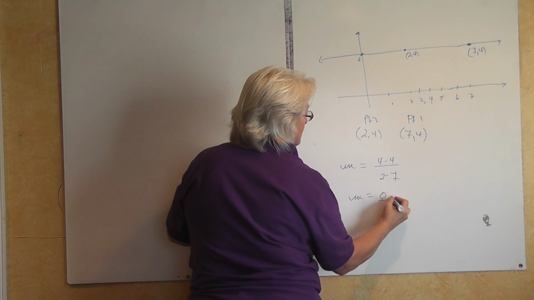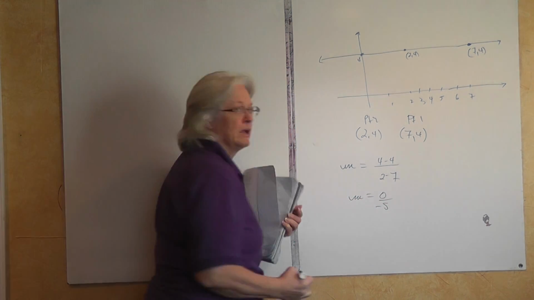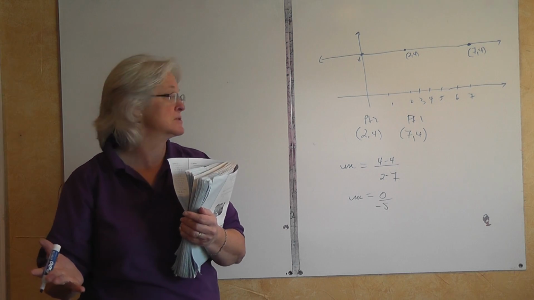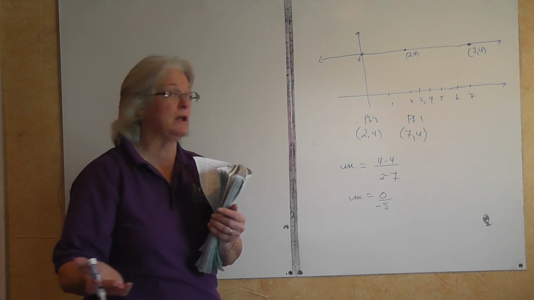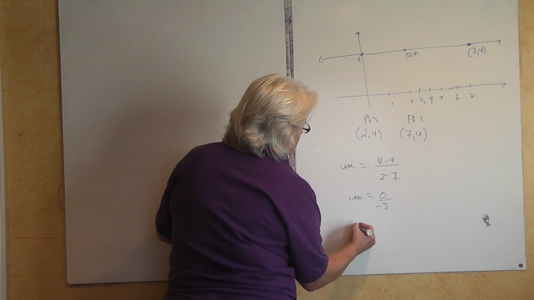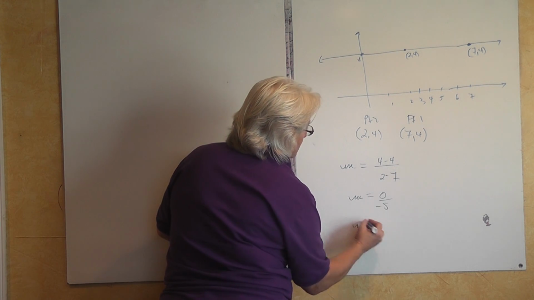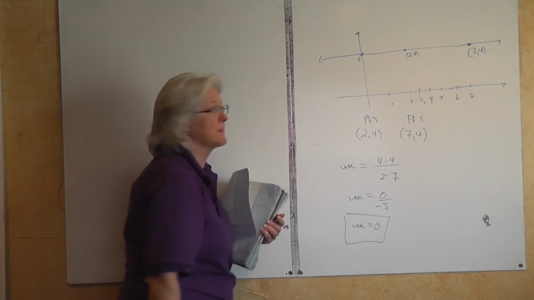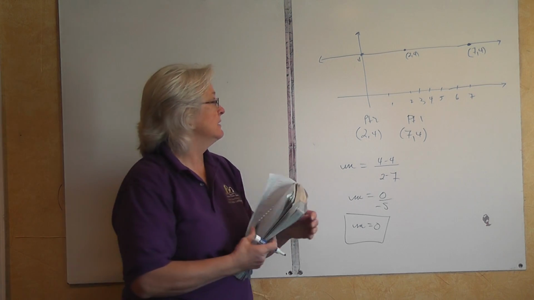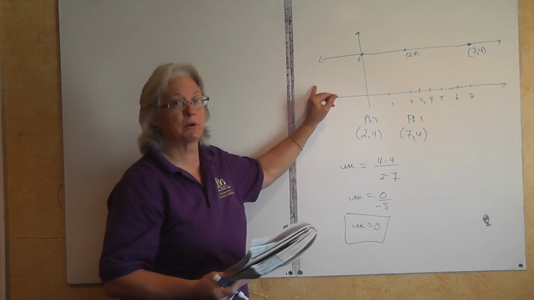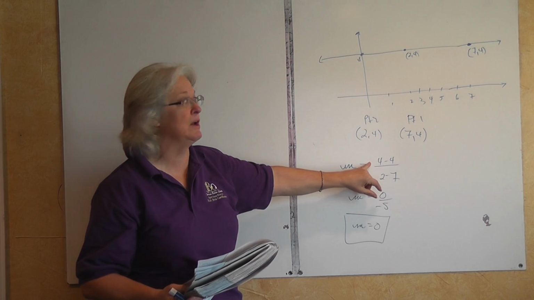Our slope is 0 divided by negative 5. Whoops, what happens? When you divide 0 by anything, you still get 0. So we have a slope equal to 0.